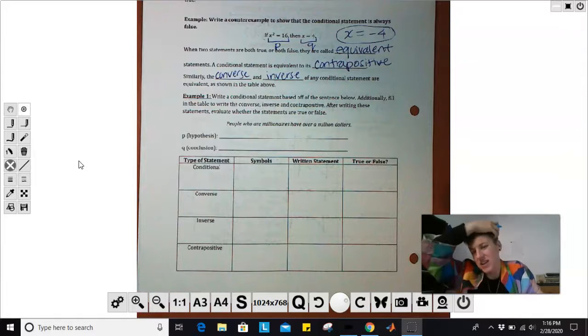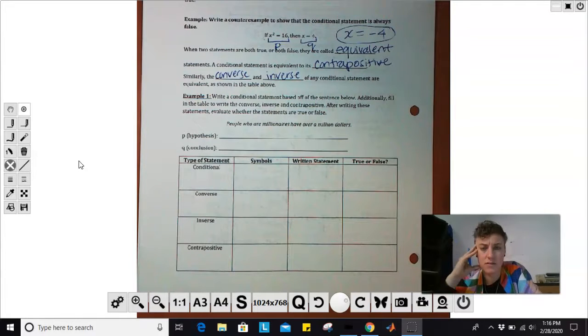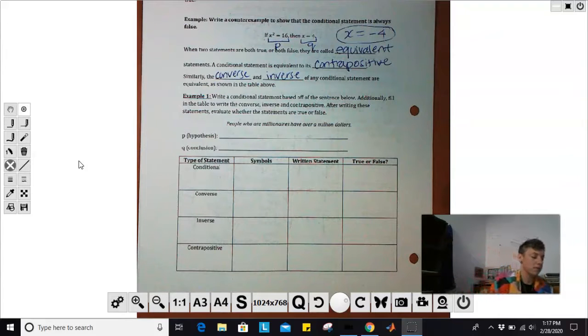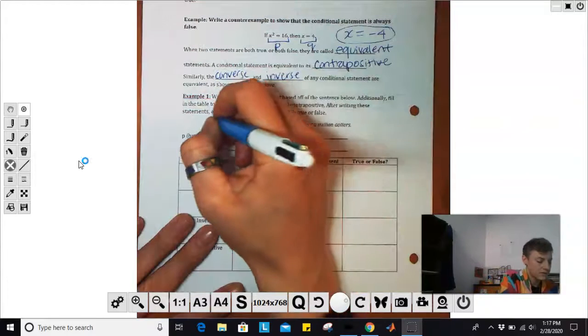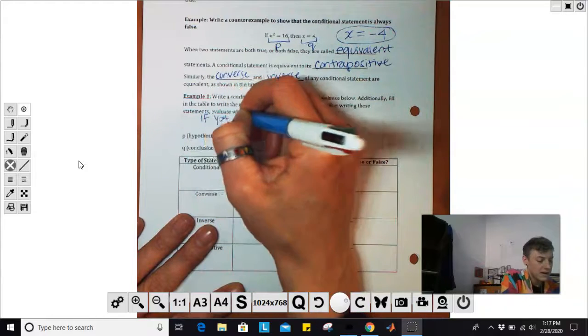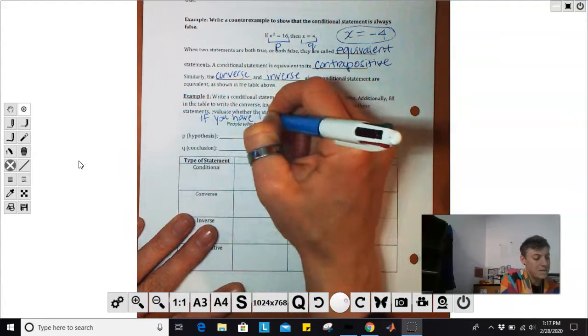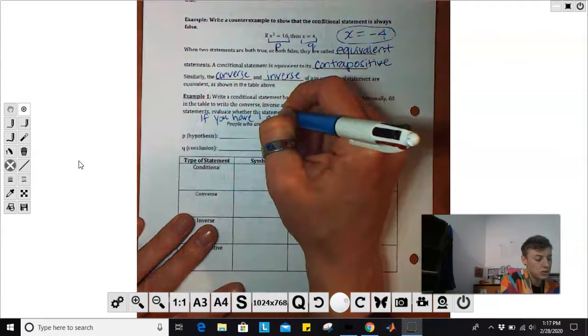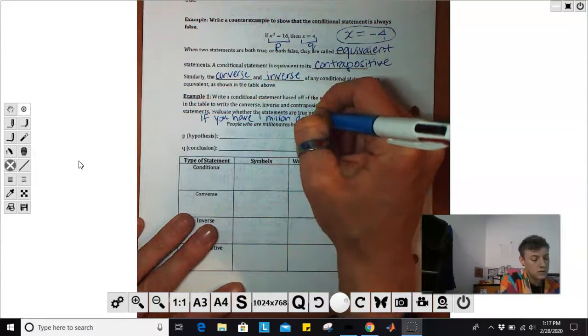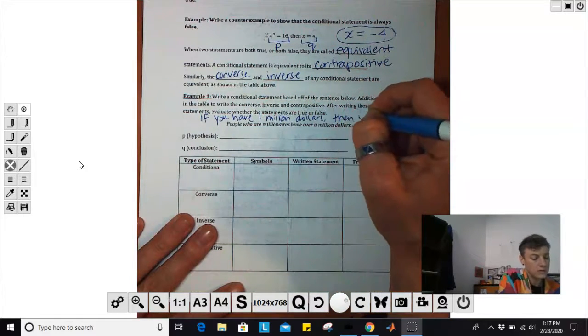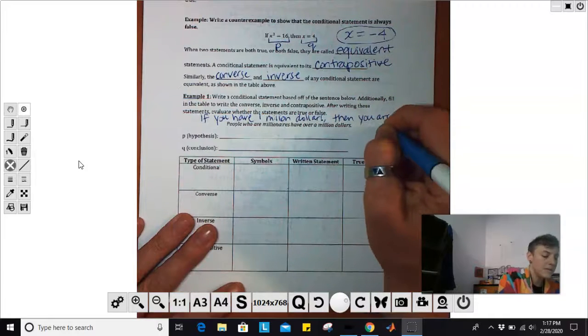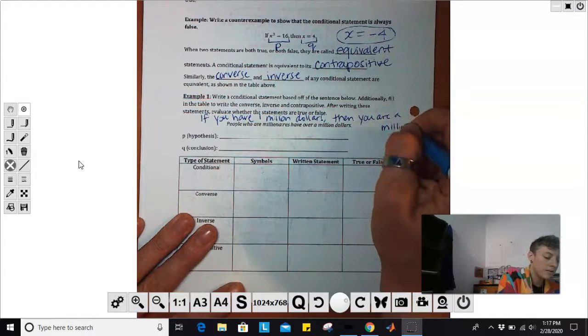Okay, we got to make that into an if-then statement. I like that. If you have $1 million, then you are a millionaire. So let's say, right above this, if you have $1 million, then you are a millionaire. What a life.